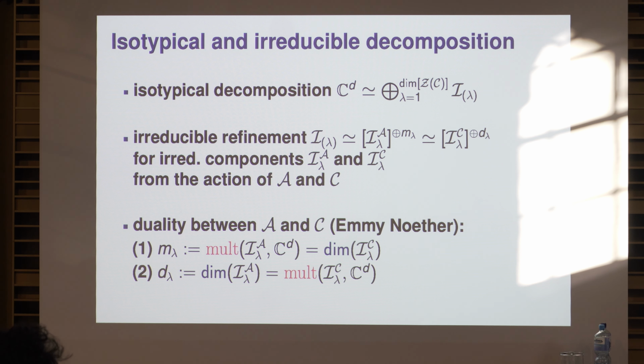You can compute them via A or via C. Probably C is the better way to do this. And you actually have this duality between the multiplicities and the dimensions. The multiplicity in one of the cases is the dimension in the other one, and so on. So it gives you a way to compute something of the action of A via C.